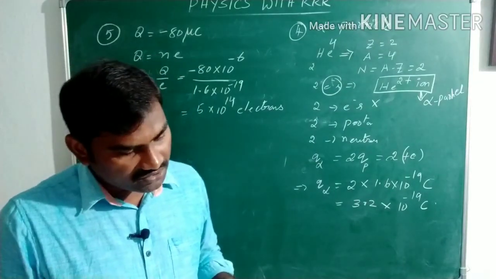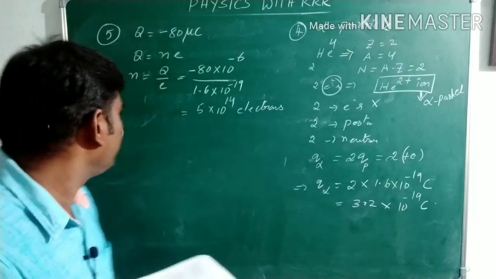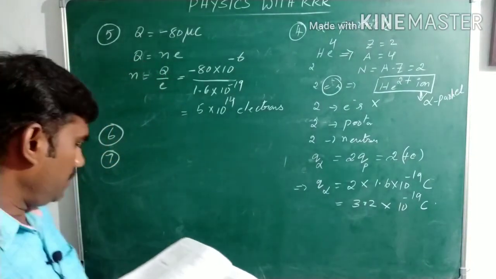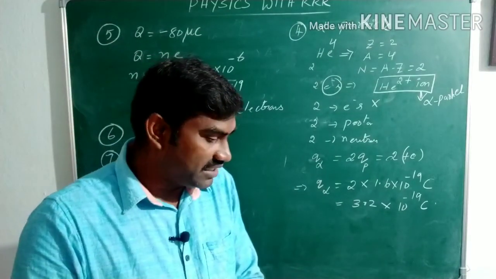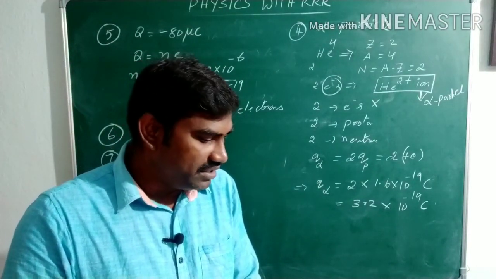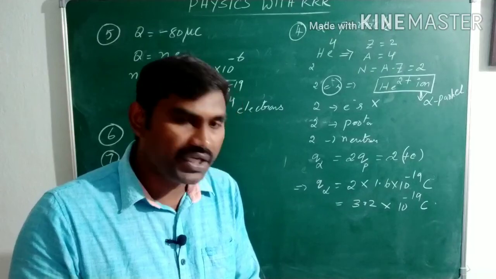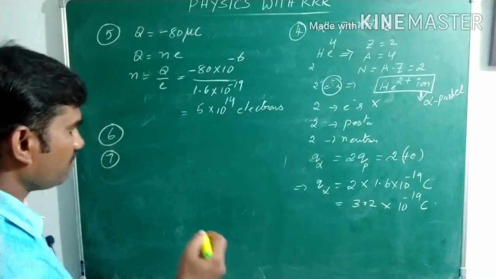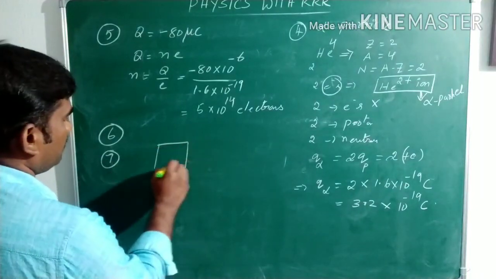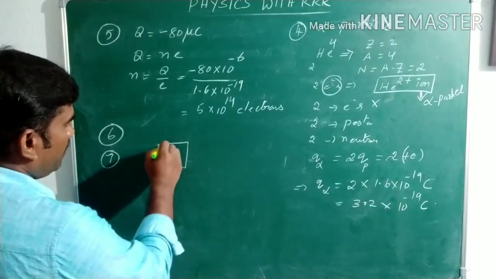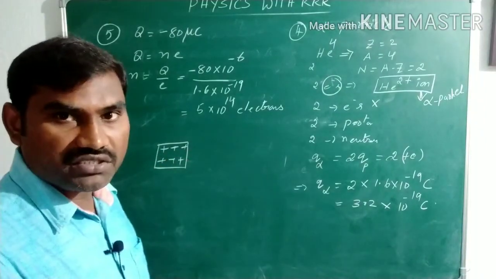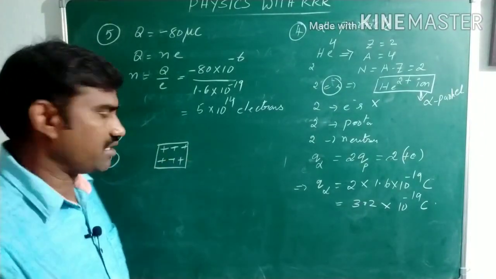Next question. This we also discussed. When a body is earth connected, electrons from the earth flow into the body. Then what is that body? If it is positively charged, it lacks electrons.